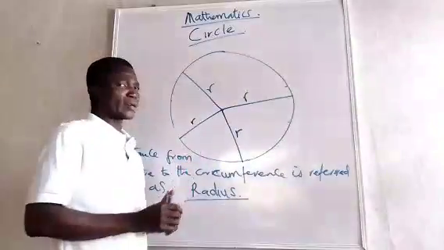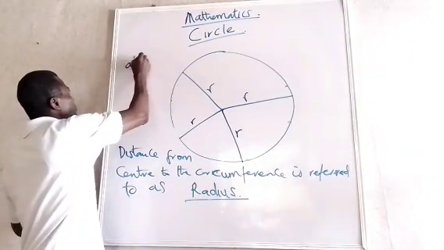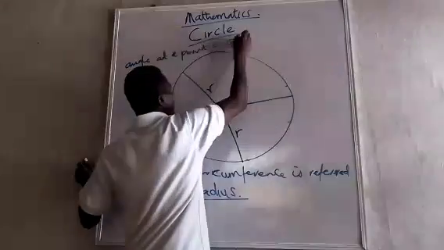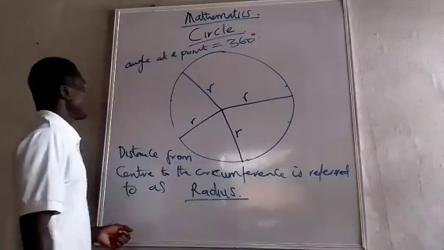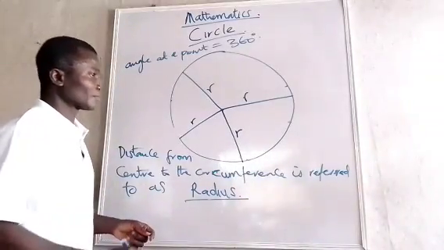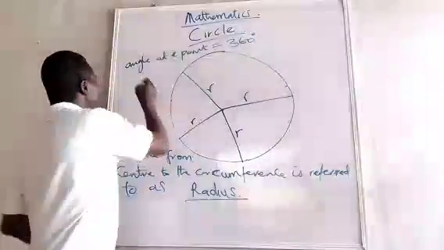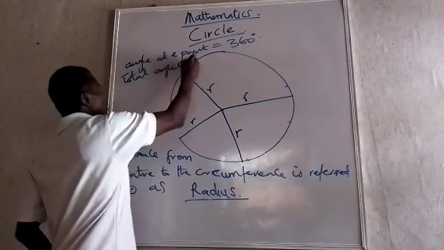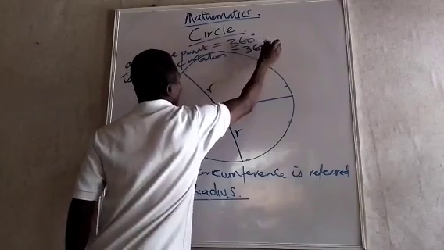Now, before we look into another thing, I believe we know that the angle at a point is equal to 360 degrees, if we measure it in degrees. We also say that the total angle of rotation is equal to 360 degrees.